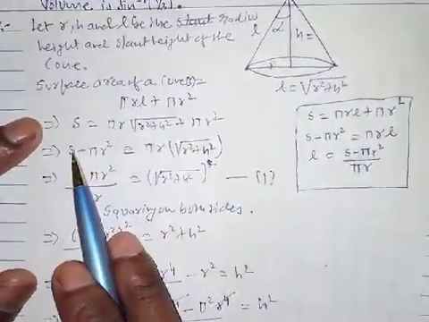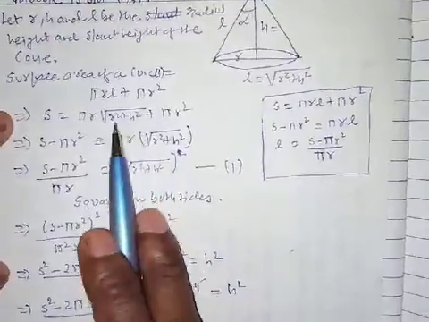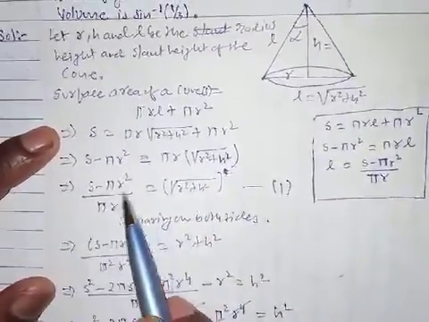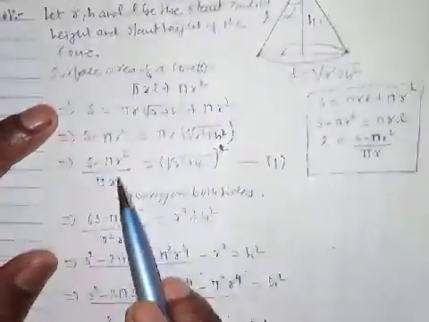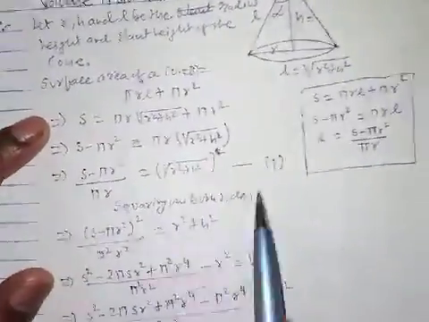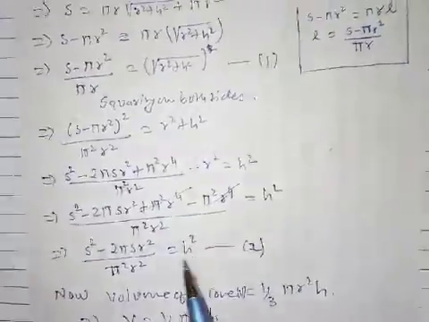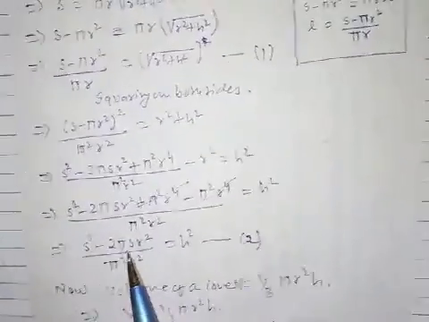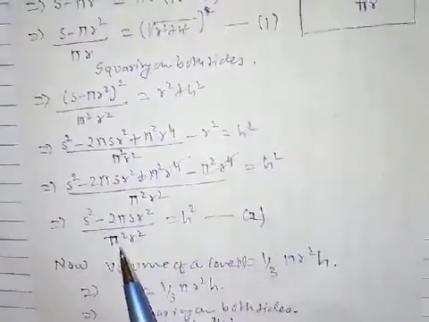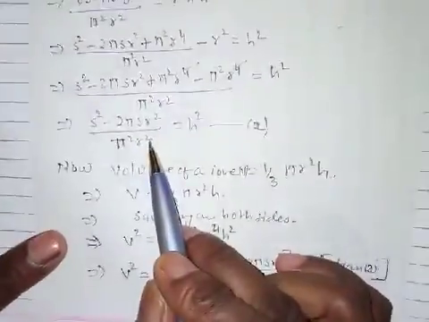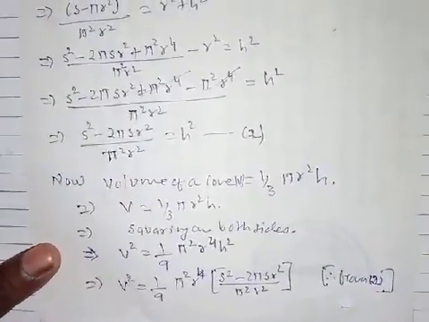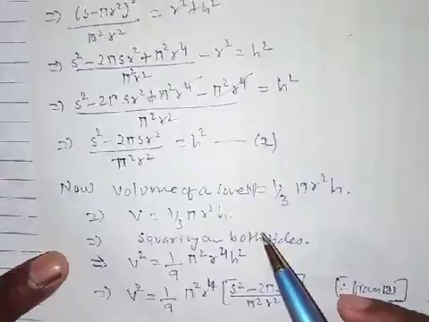So this will go on that side because we want the value of H. Is it? Okay, and then squaring on both the sides, you get the value of H square as S minus pi R square whole square upon pi square R square. Is it?